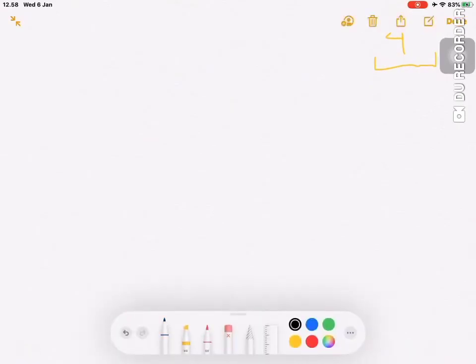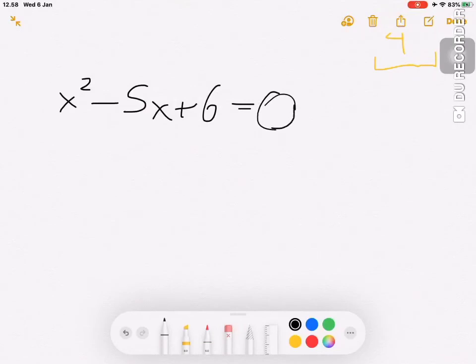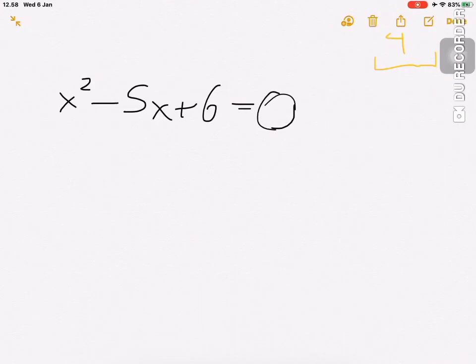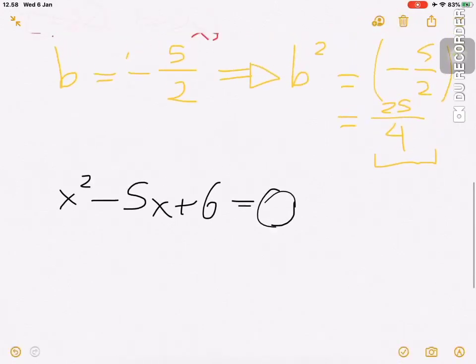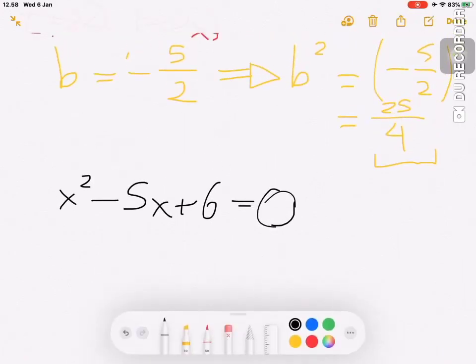We'll just leave it in this improper fraction, but if you really want to change it into a mixed fraction, it's also fine. So coming back here, this is our perfect square we're supposed to find. We get that b squared equals 25 over 4. And I'll rewrite the equation down here.